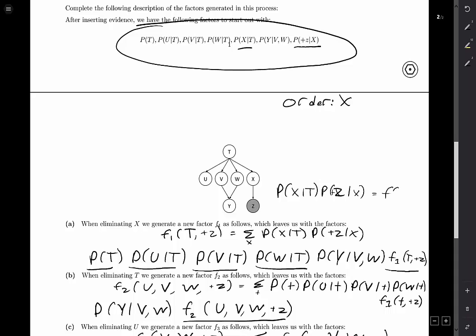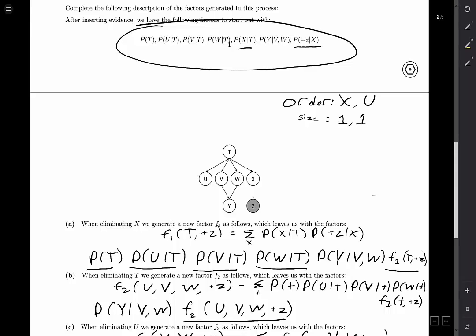That'll give us a factor that only involves t and plus c. Alright, cool. So that actually didn't generate a big factor. That generated a factor of size 1. I'll keep track of the size that it generates. So we did this for x. By symmetry, we can actually do this for u also. So if we do it for u, then we would also generate a factor of size 1.